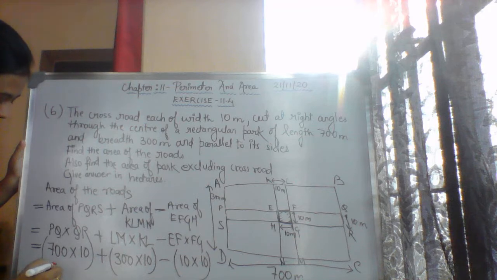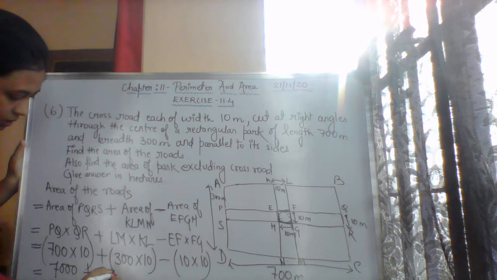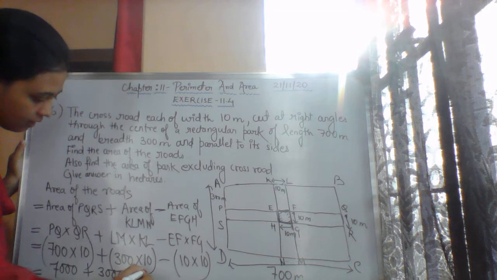So how much will it come? It is 7,000 plus 3,000 minus 10 into 10, 100.